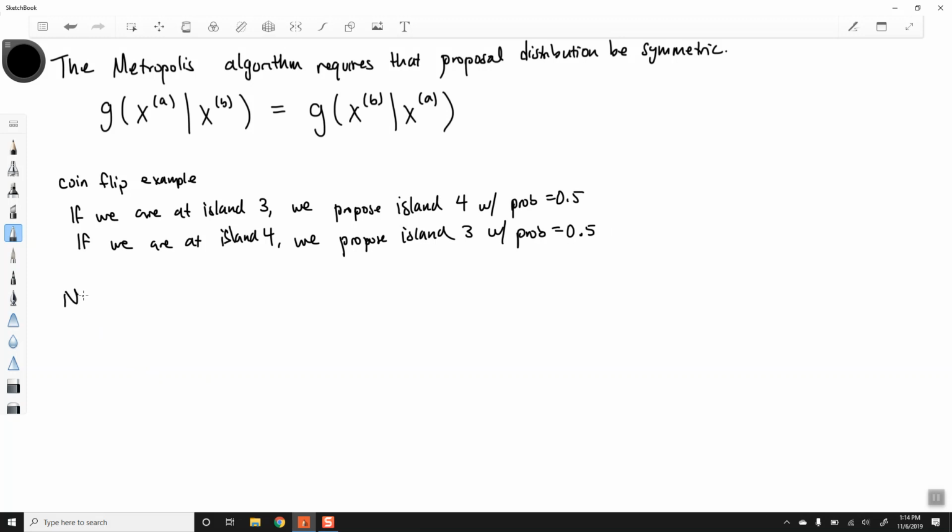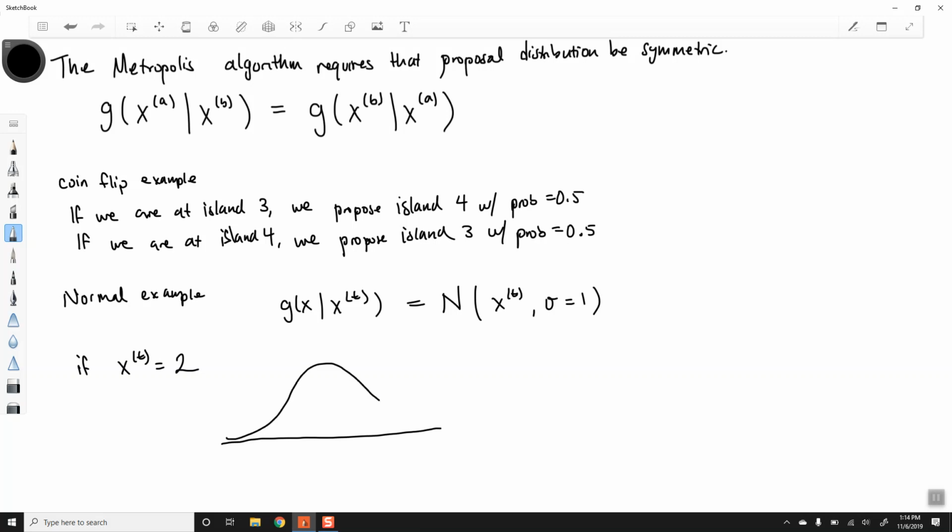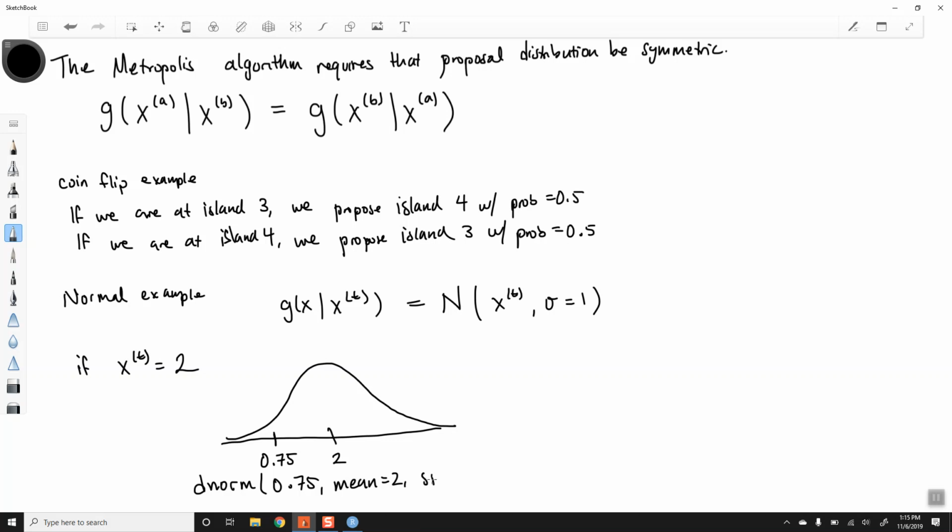If we have a normal example, where g of x given x at time t is the normal distribution centered at x at time t, and sigma is equal to 1, and x at time t is 2, then the probability of proposing 0.75 will be dnorm of 0.75 given that the mean is 2 and standard deviation equals 1.